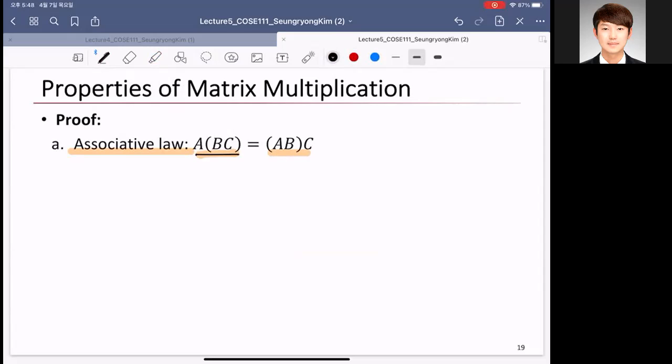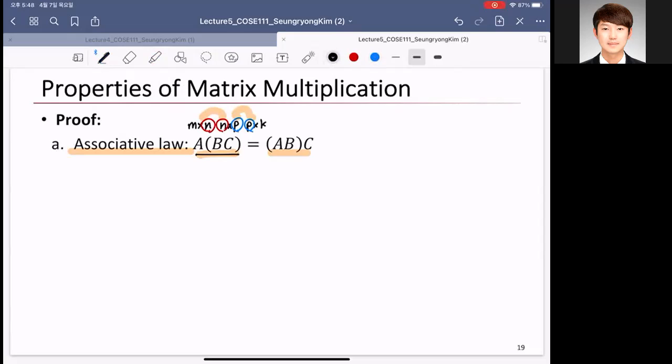Because the size of matrix A was m by n, we can assume matrix B is n by p, and matrix C should be p by k. So the row and column sizes should match. Then let's prove this associative law.